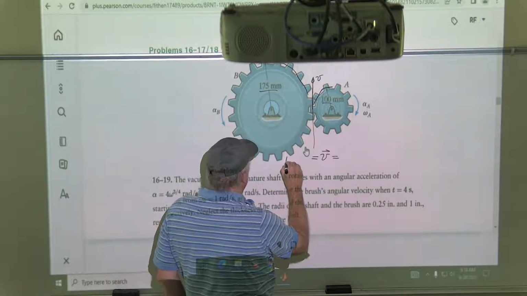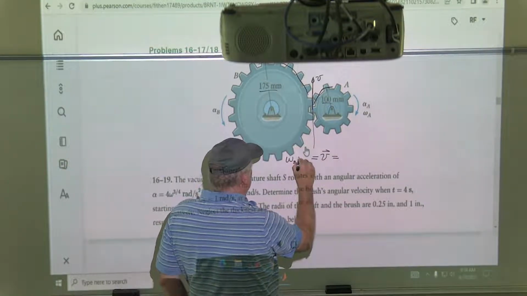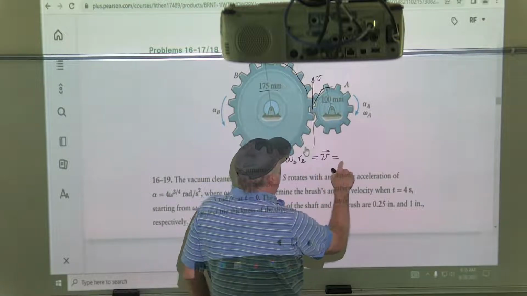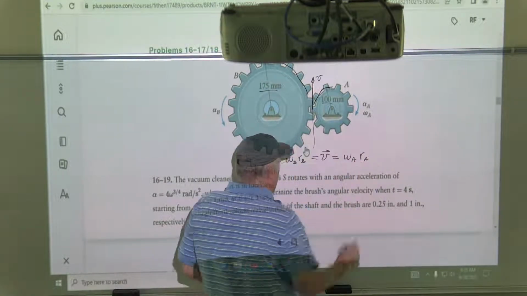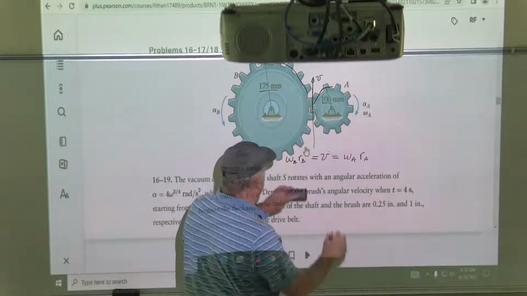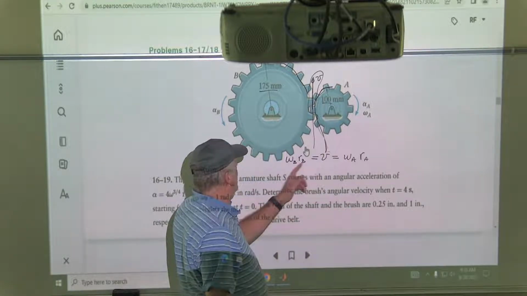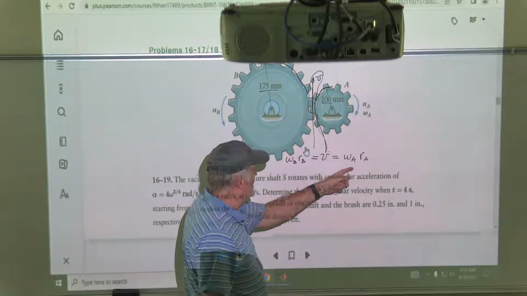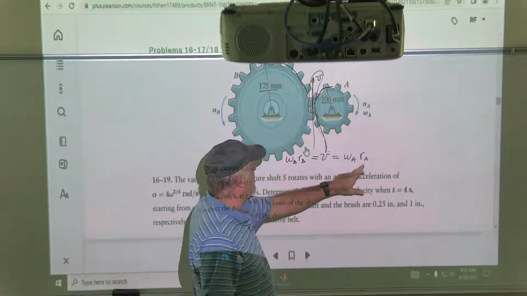It's either omega B, RB, or omega A, RA. So the velocity is the same. The magnitude of this velocity is the same. On the left is sitting on this wheel, and the right is sitting on that wheel. And so that's what you're doing. You're using the R ratios.